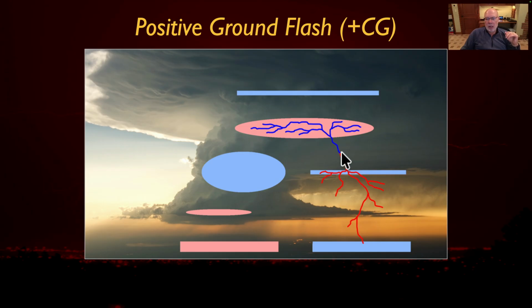And you can get a negative leader that propagates into that positive charge region, and a positive end of that leader propagates out and down from the vault region and continues past that screening layer and on to the induced negative charge on the ground, resulting in a positive cloud-to-ground flash.